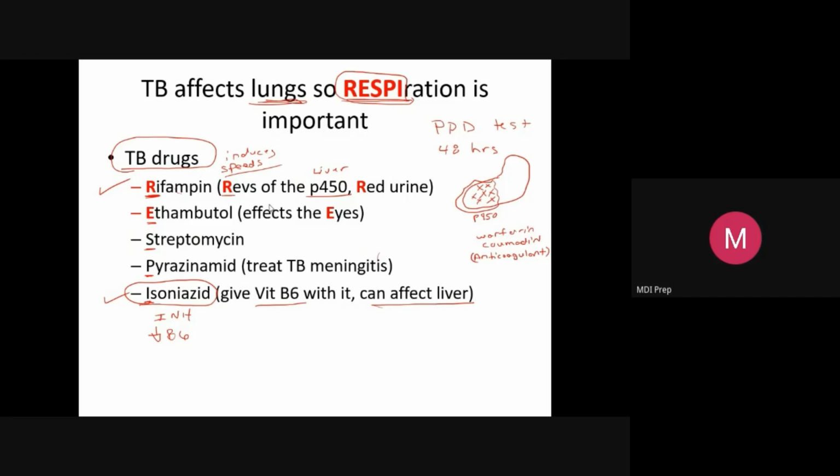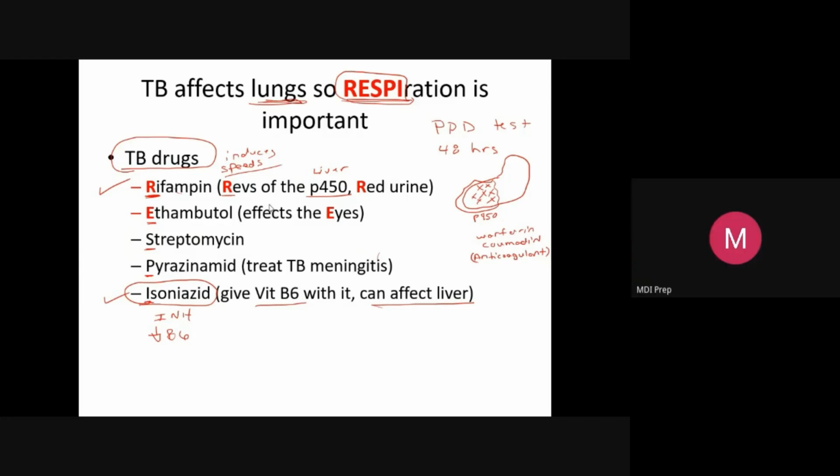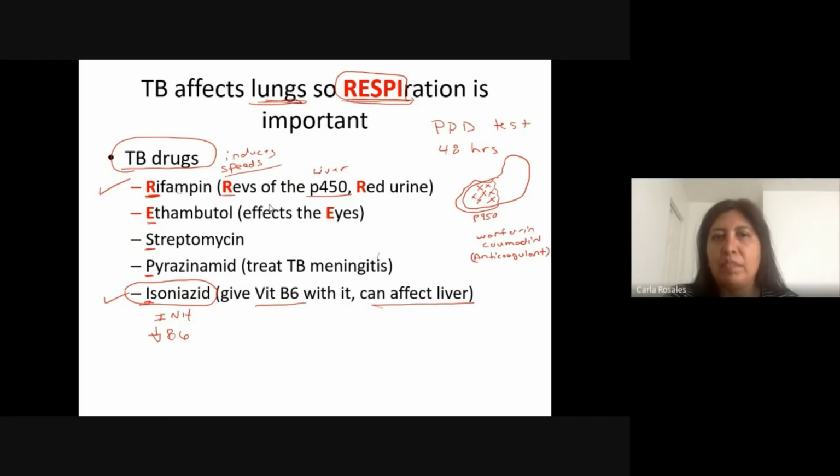So warfarin is not going to work as well, and the person may have more tendency to clot. That's what I mean when I say rifampin revs up the P450. You understand that?